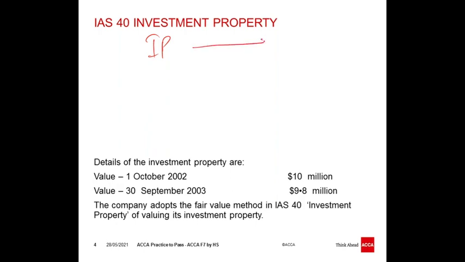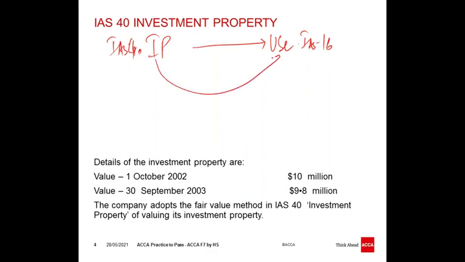But after some time, the company has decided to use this property in their business. So if the company is going to use this property in the business, then it will be applied under the scope of IAS 16. So when you change the intention, the provision of the standard will change. If the property is investment property, it will be dealt with under IAS 40. But if the property is used in the business, then it will be considered under IAS 16.